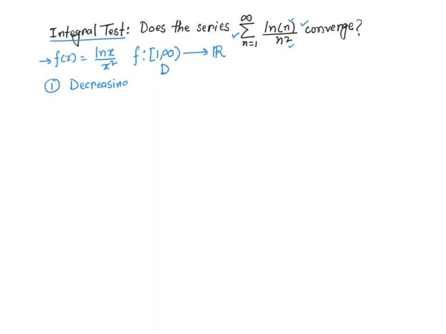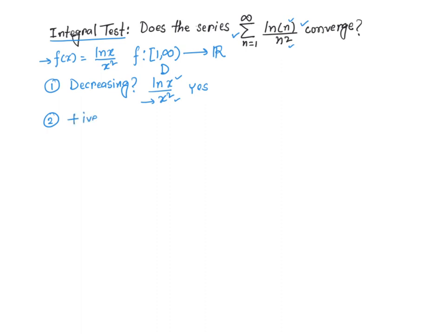Look, ln of x over x square. As x gets bigger and bigger, so does ln of x, so does x square. However, x square dominates over ln of x. Ln of x increases, but very, very slowly. So this function is actually decreasing.